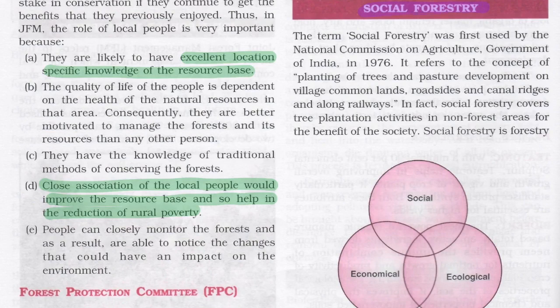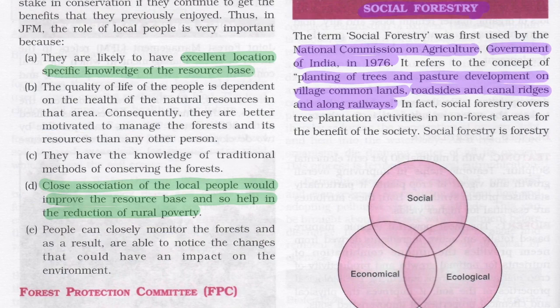Social forestry. The term social forestry was first used by the National Commission on Agriculture, Government of India, in 1976. Social forestry means planting of trees and pasture development on village common lands, roadsides, canal ridges and along railways.